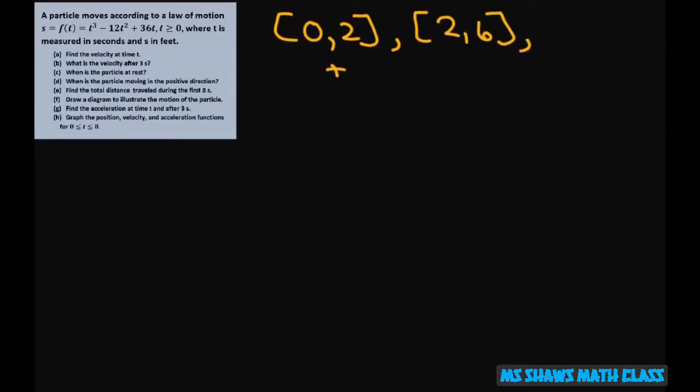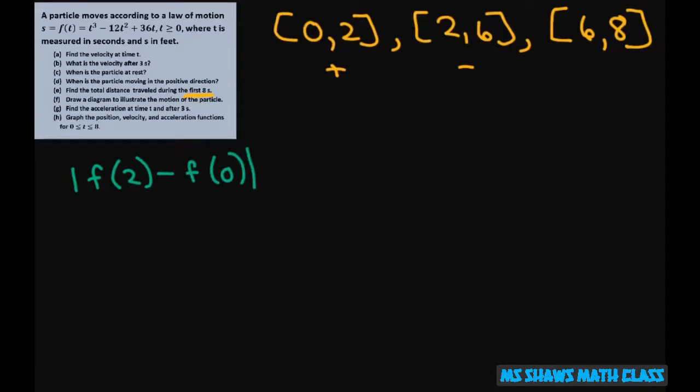This is where it's positive, this is where it's negative, and from 6 to 8, because we want it for the first 8 seconds. All right, so all you do is f of 2 minus f of 0. So when I plug in 2 into this, I get 32, and I plug in 0, I get 0. So that equals 32.